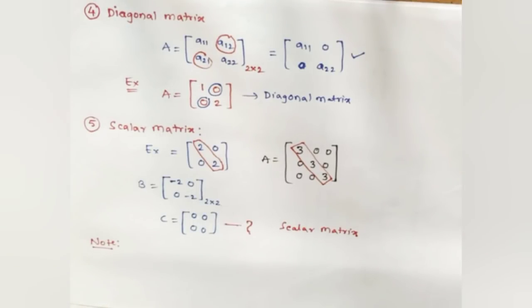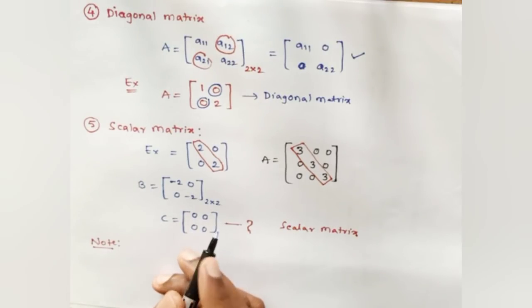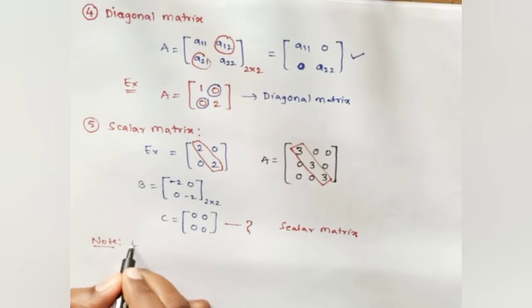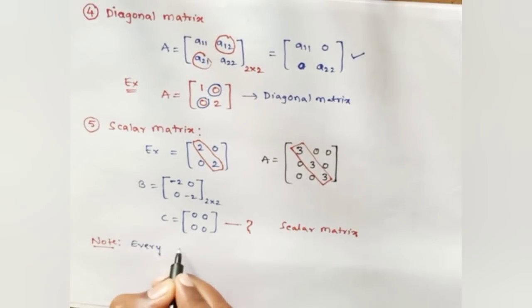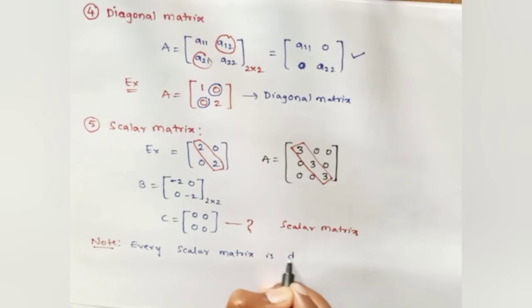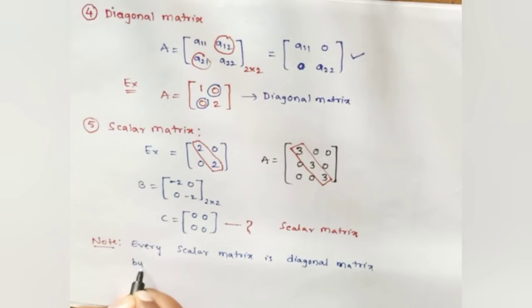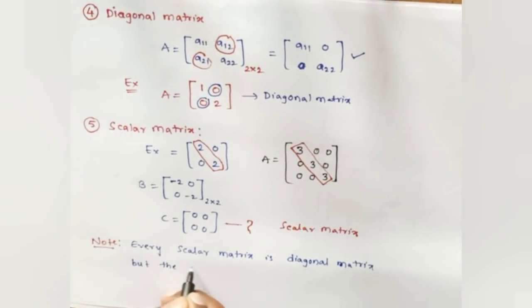Every scalar matrix is diagonal, but the converse need not be true.